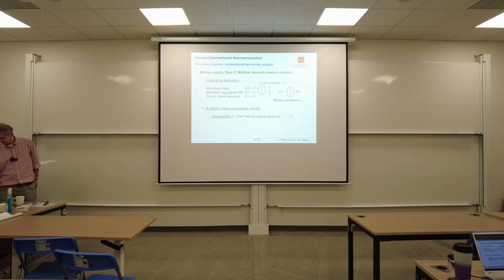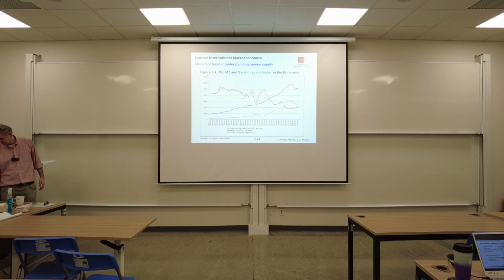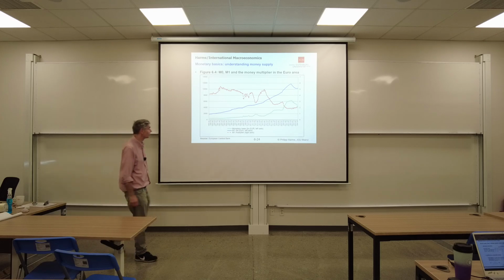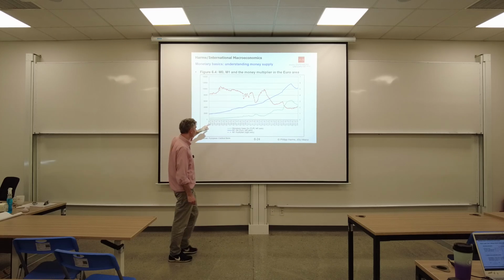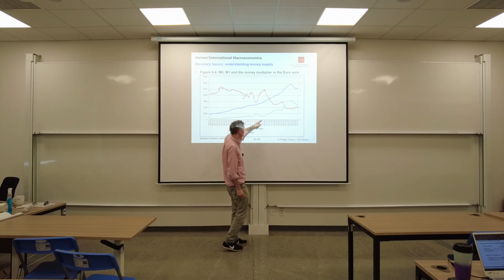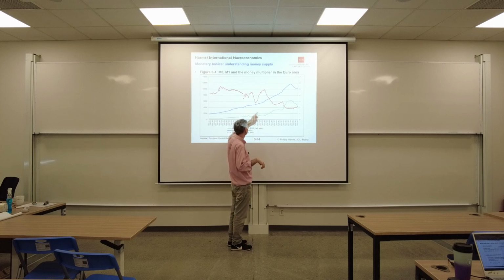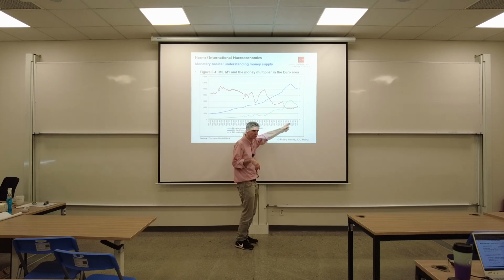Good. A slightly more complicated version is down here. This is, by the way, M0, the monetary base. The M1, which is commercial bank reserves and cash. And you see that the monetary base has gone up quite substantially. The M1 in the euro area has gone up as well, but the money multiplier has actually gone down.